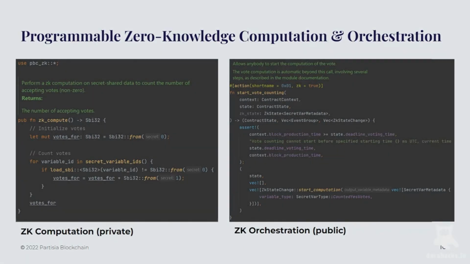So now we have a secret number that we know is 0, so it's not that secret. But what we then do is we iterate over all the secret data that we have received, and for each of those data, we look at whether they are equal to 0, and if they are not equal to 0, we add one more to the number of votes, and at the end we return the number of votes.